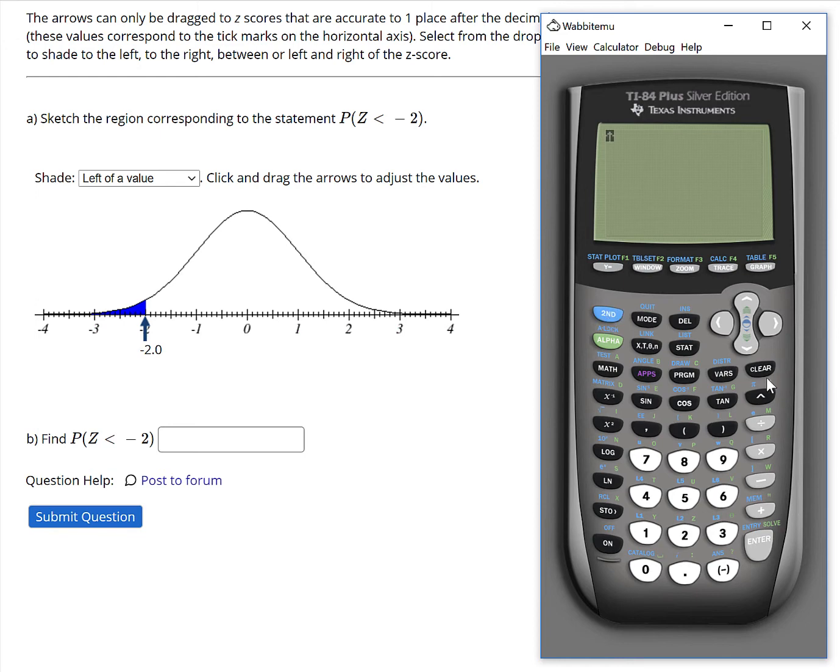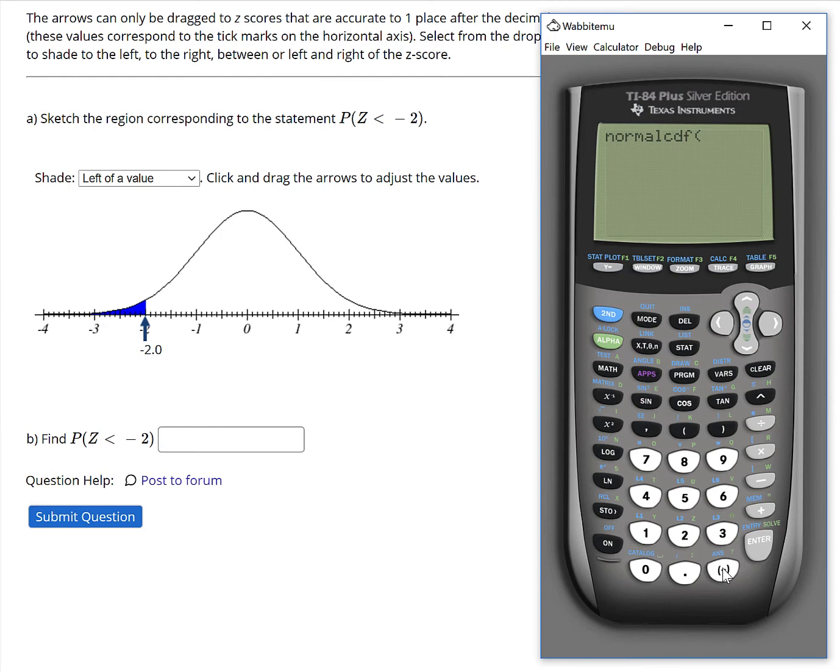Under the second and vars key, that is the distributions menu, come down to normal CDF, and we always give normal CDF a lower bound and an upper bound for the shaded region to start with. So the lower bound is -infinity. Looks like -4, but it goes on forever.